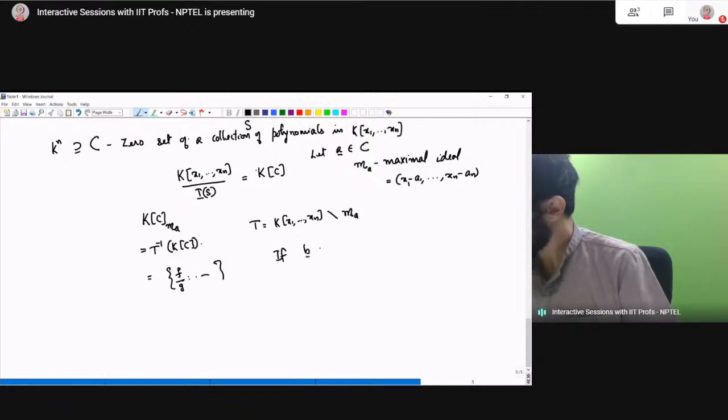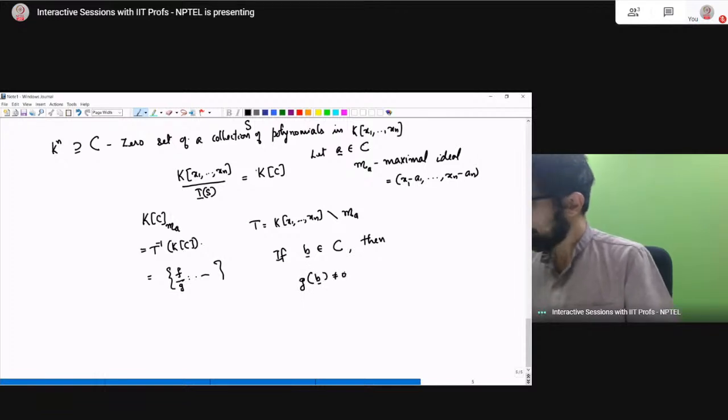If B is a point in C, then g(B) must be non-zero.